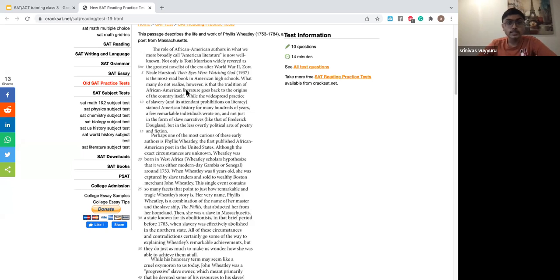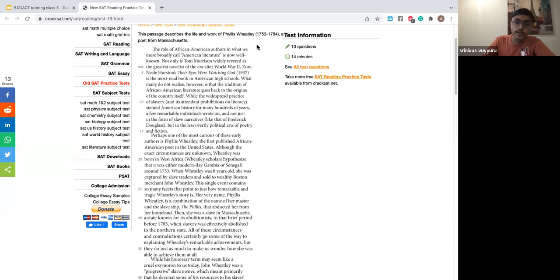What many do not realize is that the tradition of African American literature goes back to the origins of the country itself. While the widespread practice of slavery and its attendant prohibitions on literacy stained American history for many hundreds of years, a few remarkable individuals wrote on, and not just in the form of slave narratives like that of Frederick Douglass, but in the less overtly political arts of poetry and fiction.